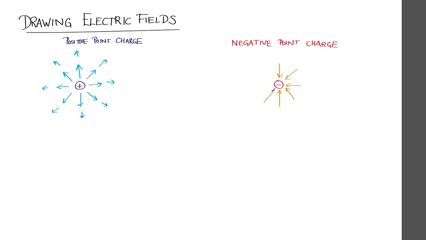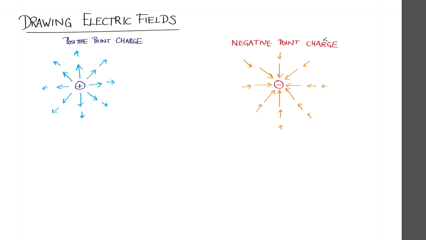It's still radial, but radially inwards as opposed to radially outwards. So it looks something like this. And again, these vectors get shorter the farther we go out because the strength is still going down. So out here, they're even shorter.